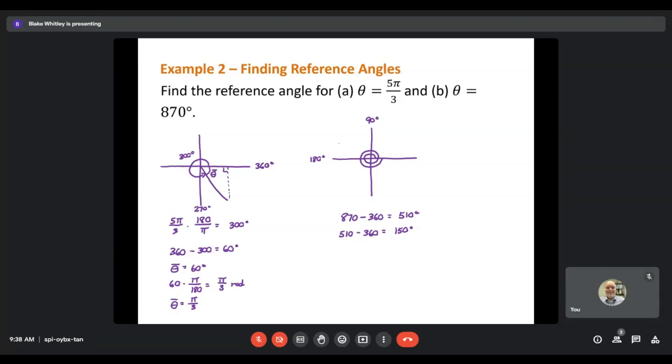Closer to the 180 than 90, so it's going to be somewhere out here. Okay, so all the way around to there, there's our 870 degrees. Now, what we're looking for is that reference angle, which again, always draw back to the x-axis. And I'm looking for theta bar, which is this angle inside the triangle right there.